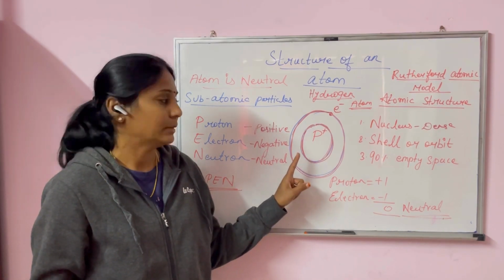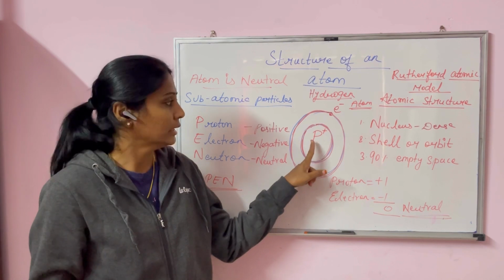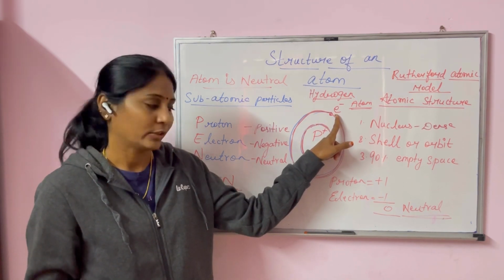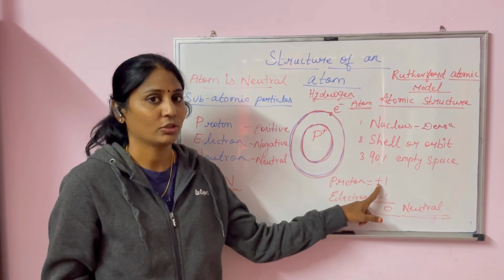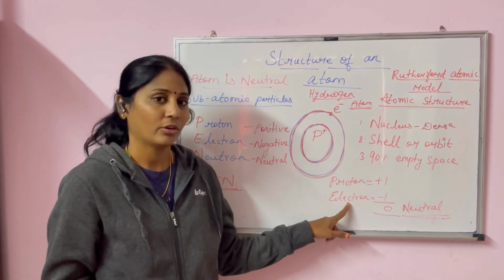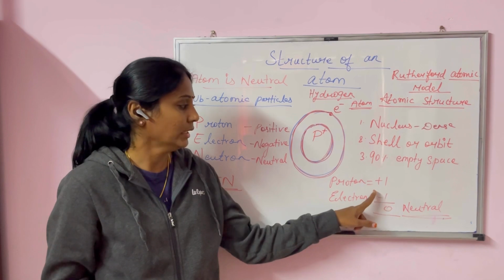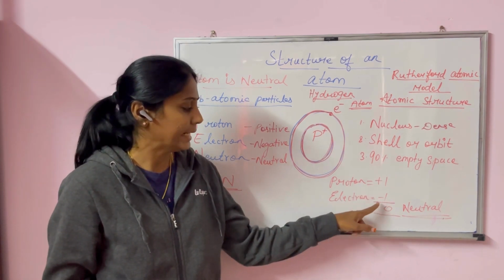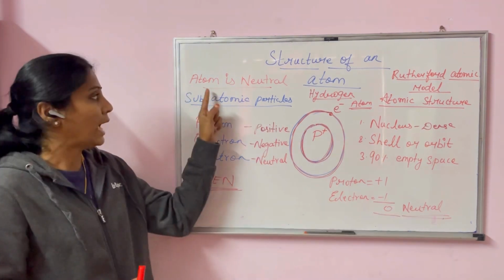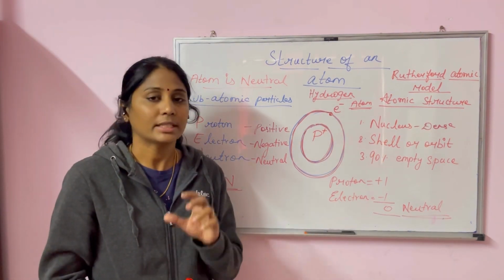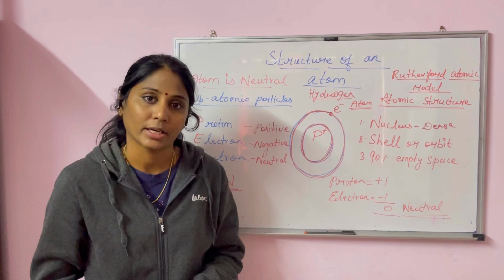In a hydrogen atom there will be one proton and one electron. So here I wrote that. The proton is 1, that is positive charge, +1, and the electron is a negative charge, -1. So the +1 and -1 get cancelled, and you will get 0. So 0 means neutral. So the atom is neutral. If you take a single atom, it is neutral.